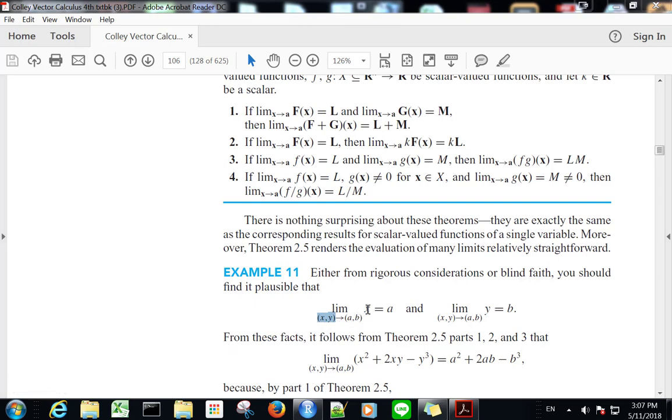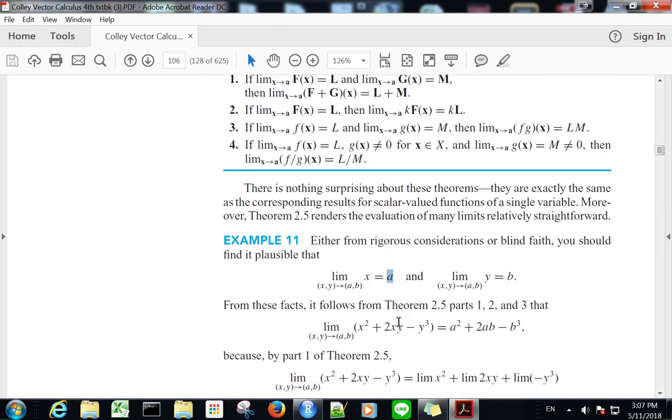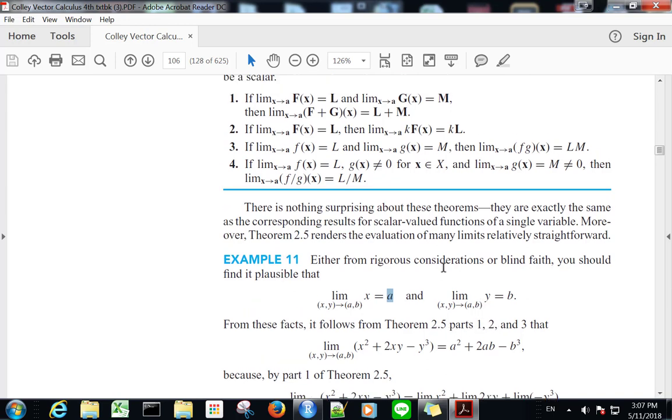I guess it means that if your function of x and y is just equal to x, then in this limit, as x comma y goes to a comma b, you just get a. And if your function is just equal to y, then this limit is b. This is a little bit weird, but okay. These facts follow from theorem 2.5, parts 1, 2, and 3. We haven't gotten there yet, so let's keep going.